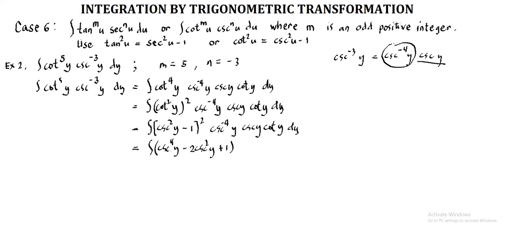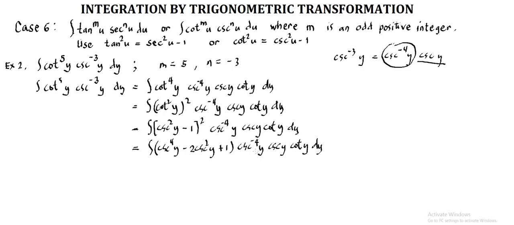And then times cosecant to the negative 4 of y, cosecant of y, and then cotangent of y dy.